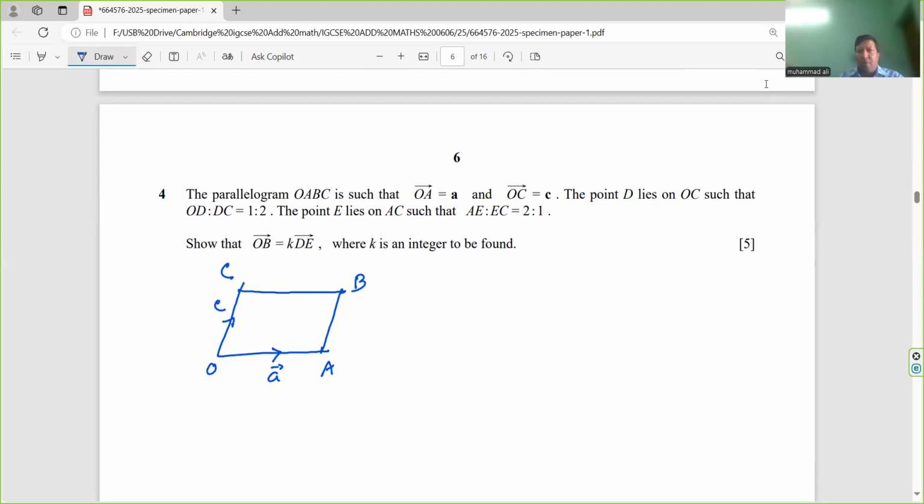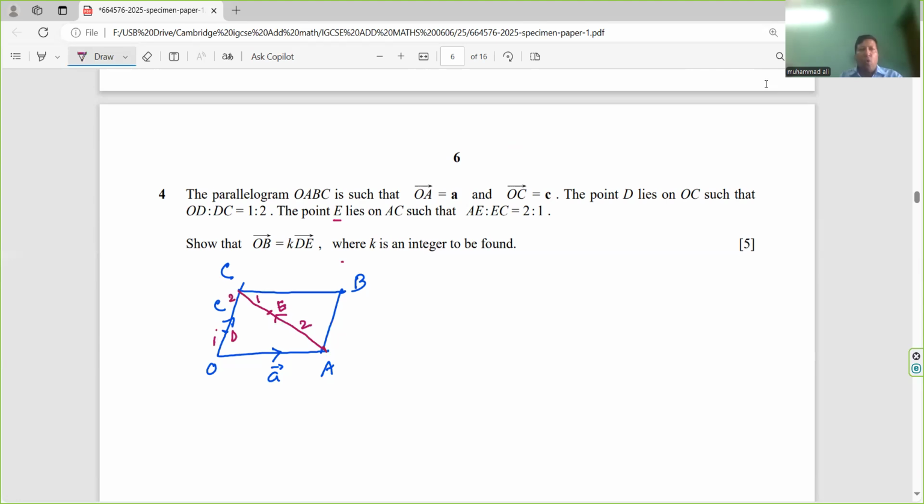The point D lies on OC such that OD to DC, that means D is here, OD to DC is 1:2. This is one part, that one is 2 parts. The point E lies on AC such that AE to EC is 2:1. That means here 2 parts, here is 1 part.